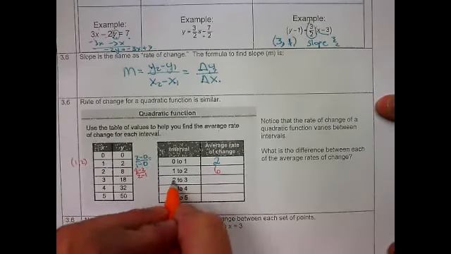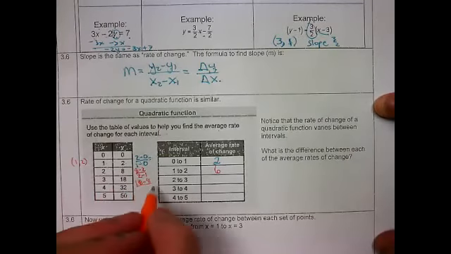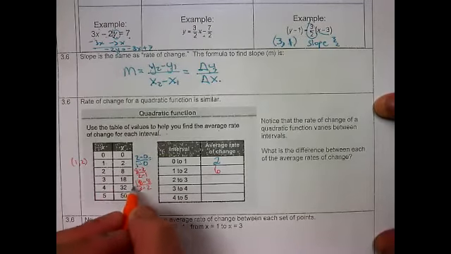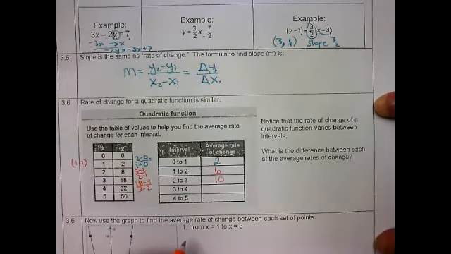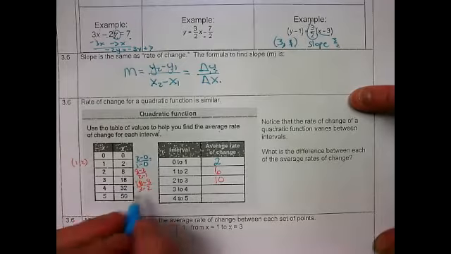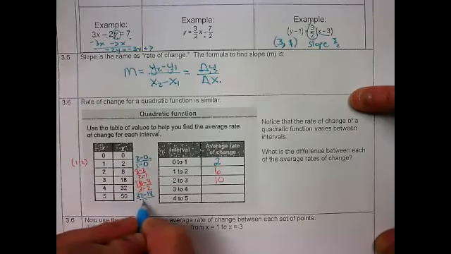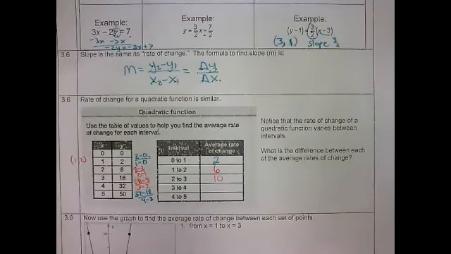From 2 to 3, it's 18 minus 8 over 3 minus 2. That's 10 over 1, which is 10. From 3 to 4, it's 32 minus 18 over 4 minus 3. So 32 minus 18 is 14.